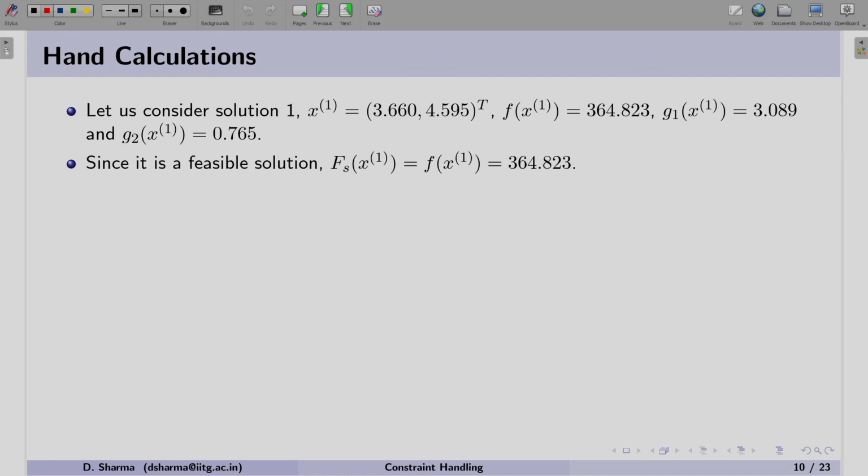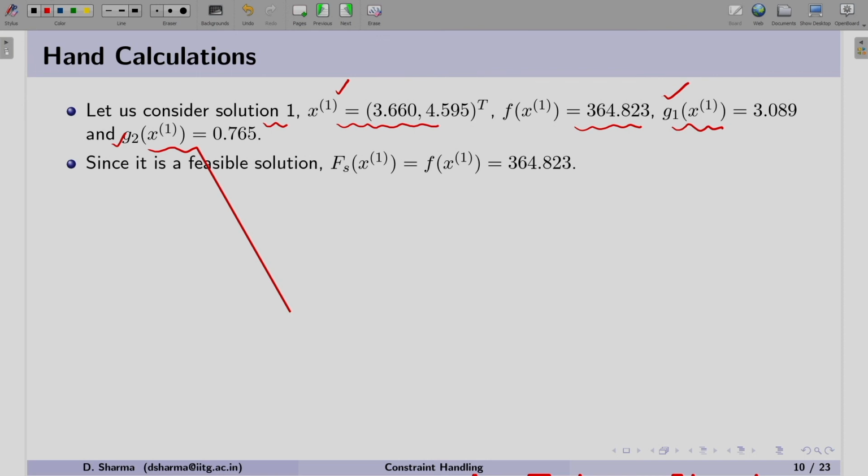We will start with solution number 1. In this particular solution, we have already calculated the objective function, the G1 value and the G2 value. Looking at the values of G1 and G2, we can see that both constraints are satisfied for solution number 1.